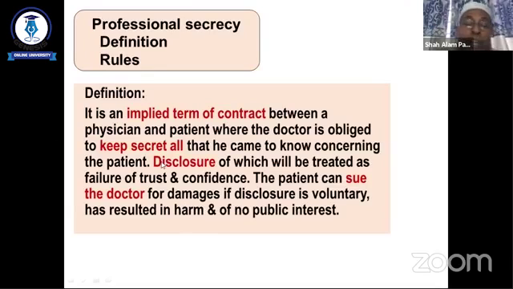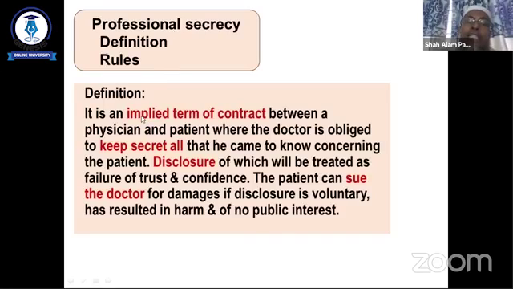If you disclose this secrecy, the patient can sue you. The patient can sue the doctor for damage if the disclosure is voluntary and has resulted in harm and is of no public interest. This is professional secrecy.